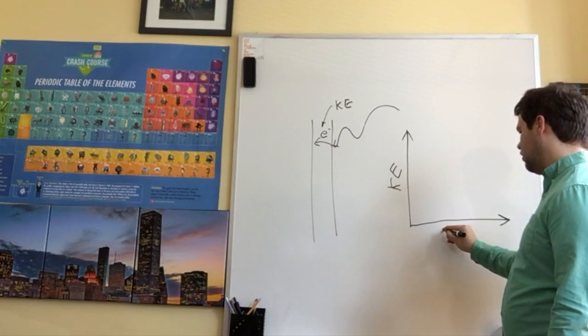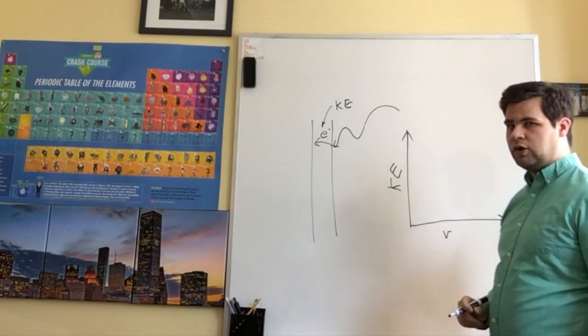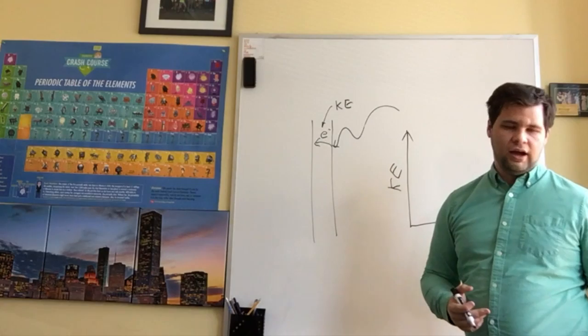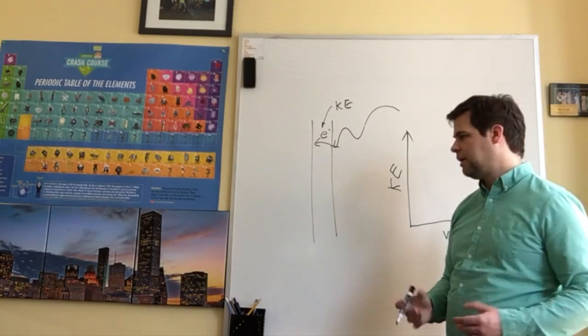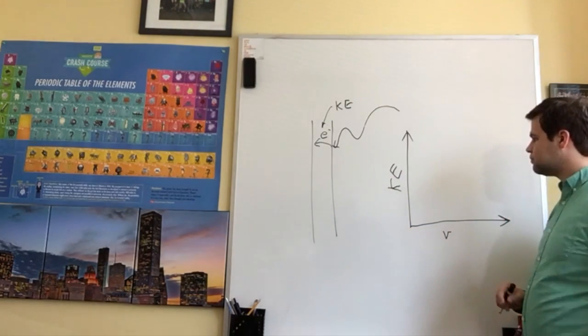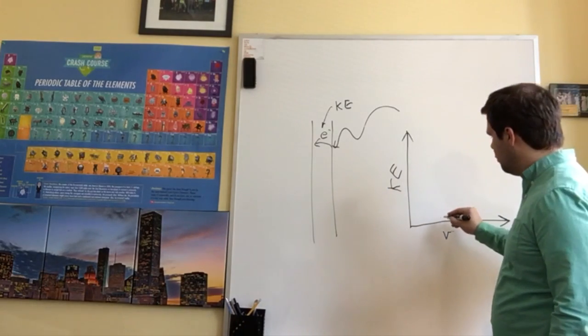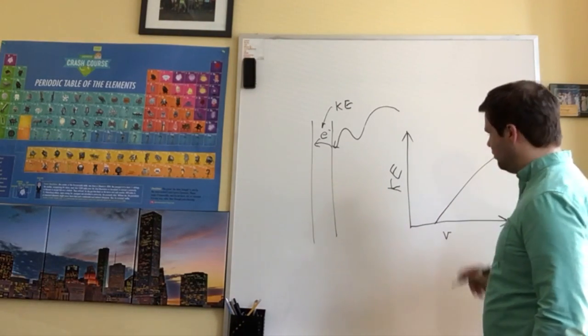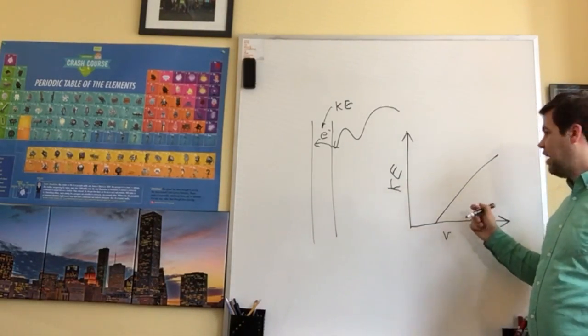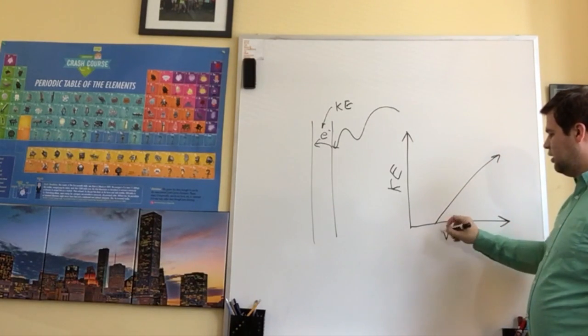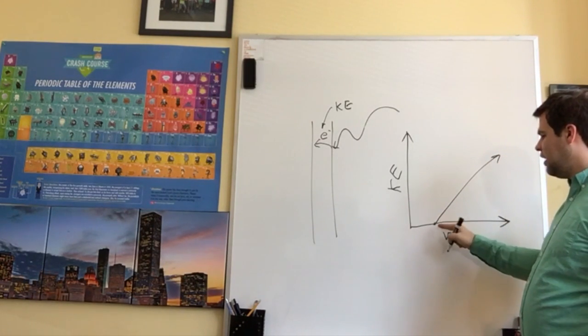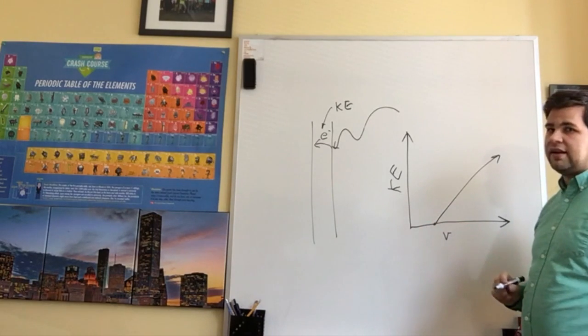So we'll call that nu, or the frequency, sometimes called F, but we'll call it nu. So what it will look like is this. It's a straight line that intersects and ends at the x-axis.